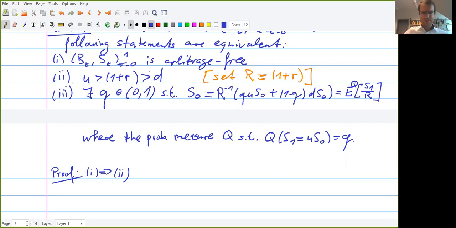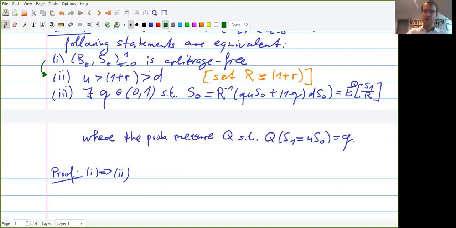This is, as you probably will not be surprised, okay. The property of the market's binomial model to be arbitrage free depends on the choice of parameters. And this is okay.